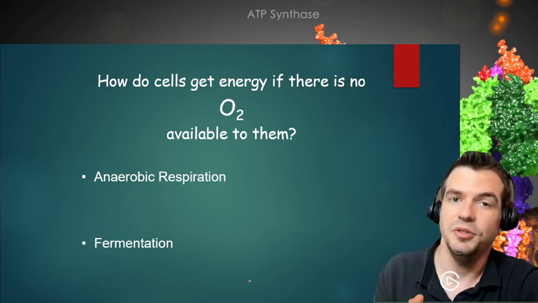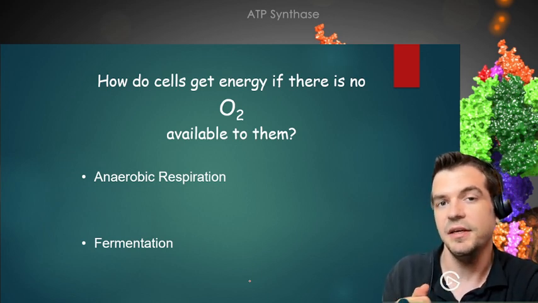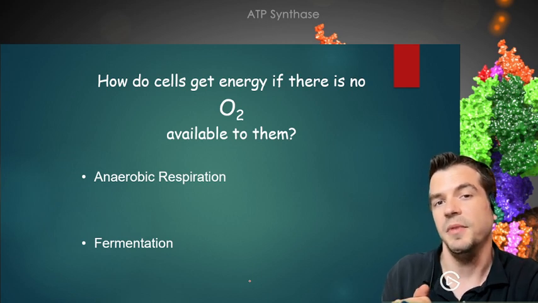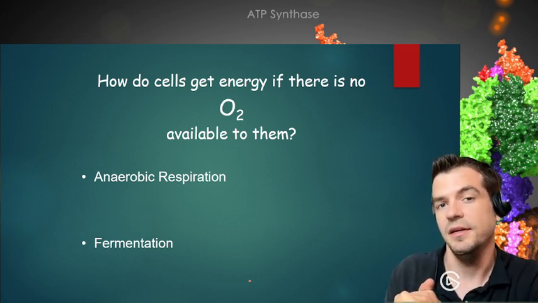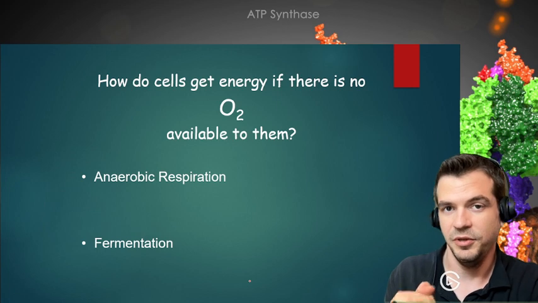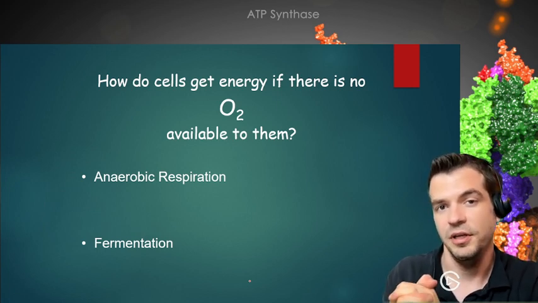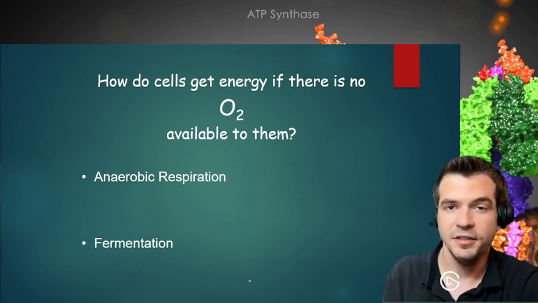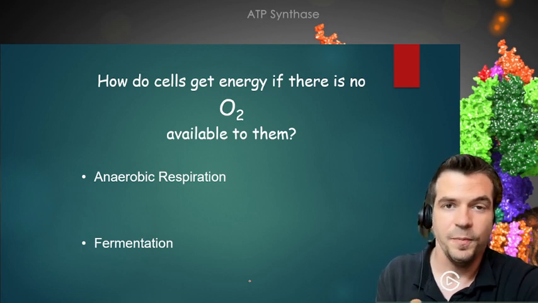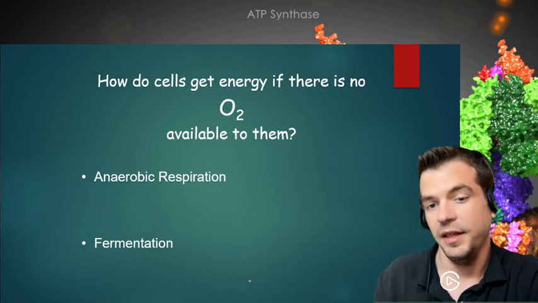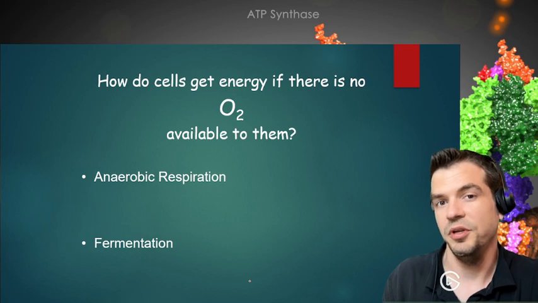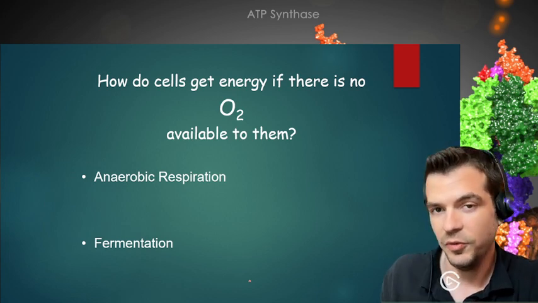We will still have the electron transport chain and the redox reactions, except our final electron acceptor will be carbon dioxide or nitrate or sulfate. That is the main difference between anaerobic and aerobic respiration.